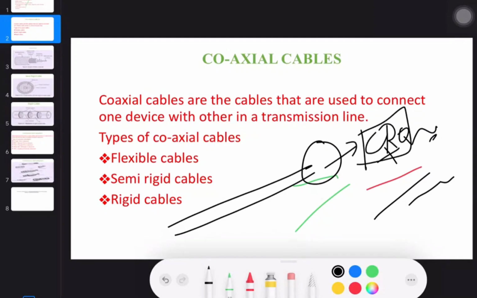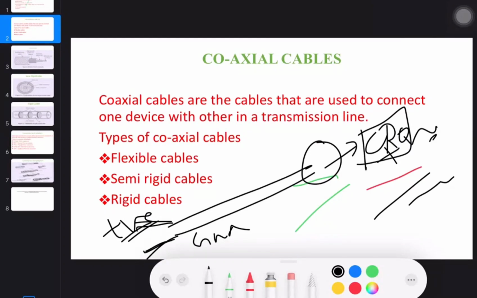Whether you want to take the output of channel 1 or channel 2, the connector will be connected to the CRO. And at the other end of the coaxial cable, you can see that you have two clips, which are banana clips, one red in color and the other black. The black terminal is always connected to the ground of your circuit, and the red cable is connected to the point where exactly you want to take the output.